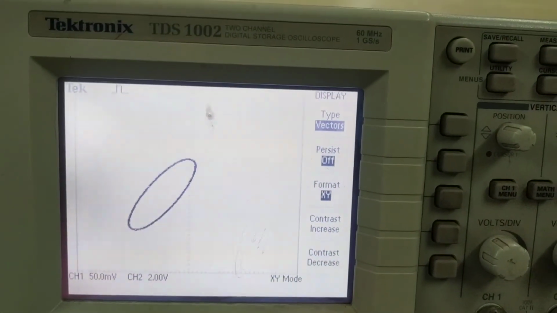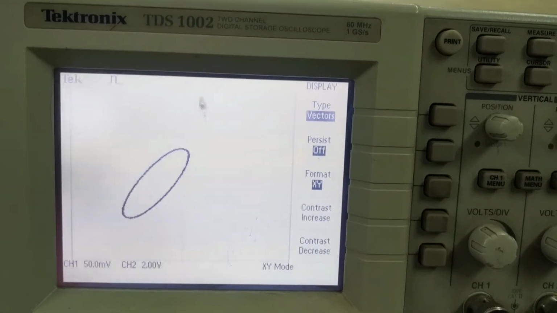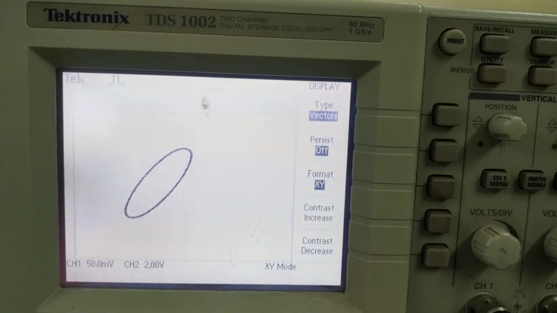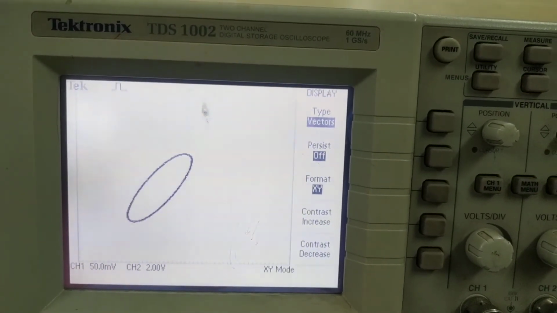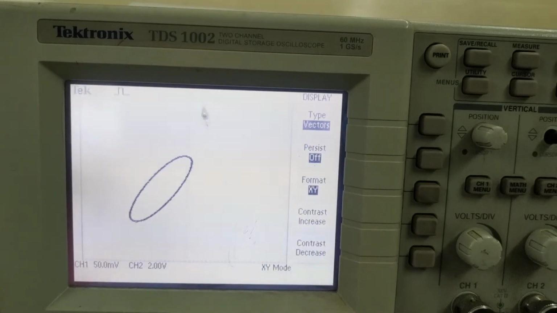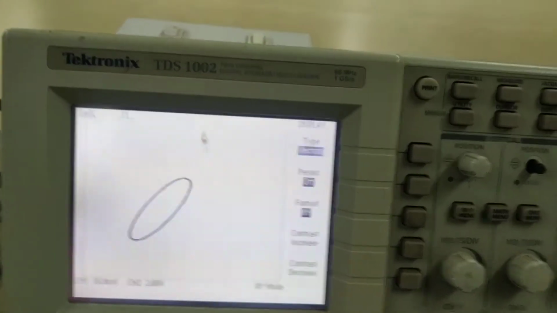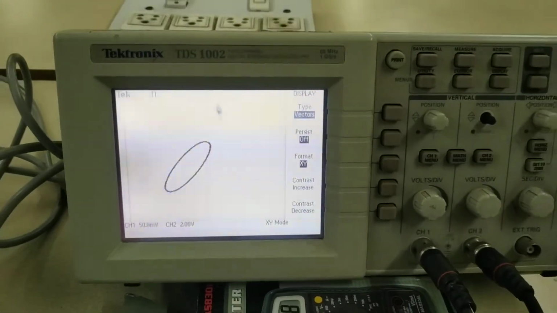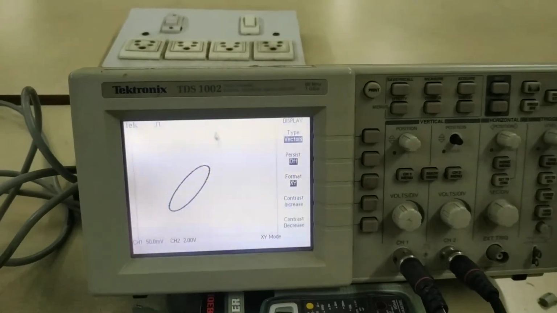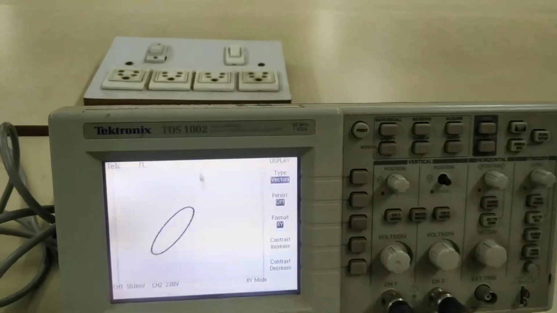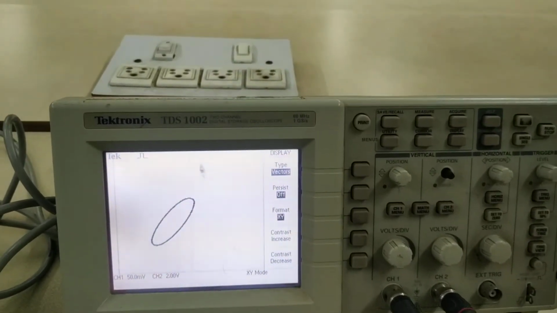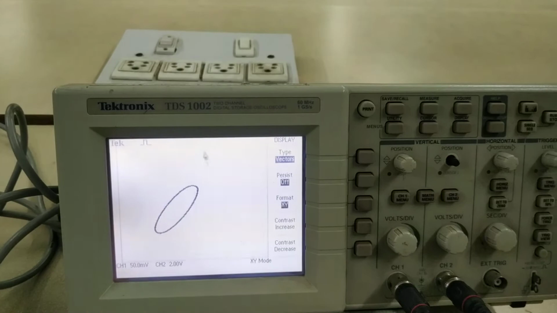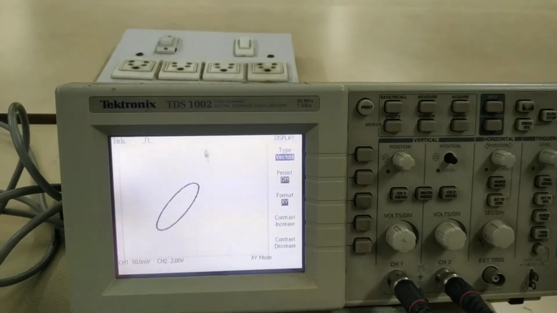So that is the larger intercept. The smaller intercept has two complete divisions, and the larger intercept is 3.2. You put those values in the equation theta equals sine inverse of y1 by y2. So theta equals sine inverse of 2 divided by 3.2.